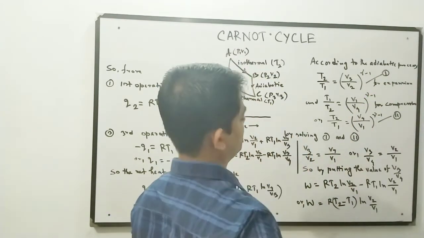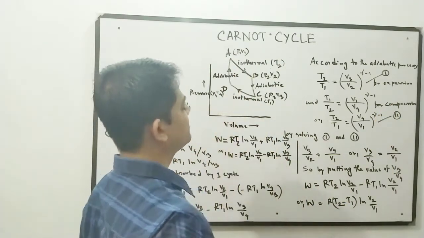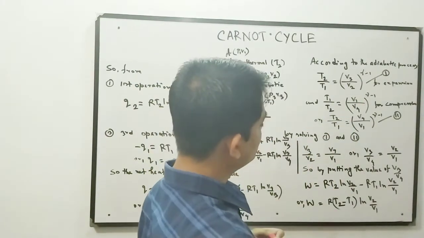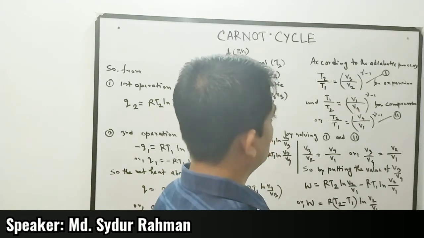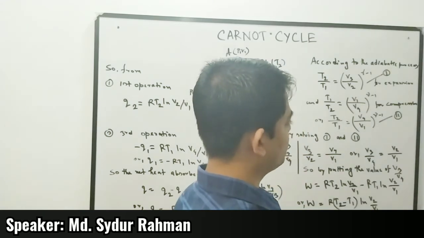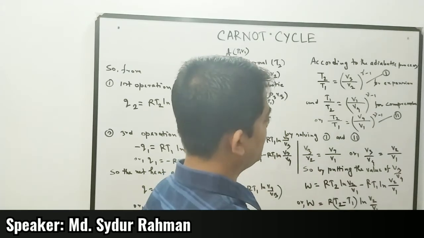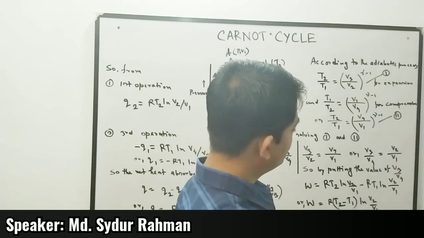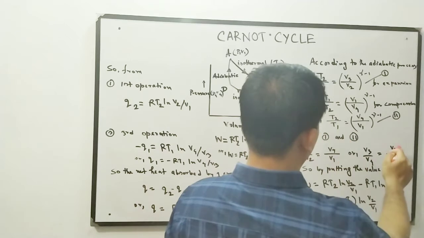And for thermodynamic compression, this D to A transformation, we know T1 by T2 is equal to V1 by V4 to the power gamma minus 1, or T2 by T1 is equal to V4 by V1 to the power gamma minus 1. So by solving these two equations, we get V3 by V2 is equal to V4 by V1, or V3 by V4 is equal to V2 by V1.